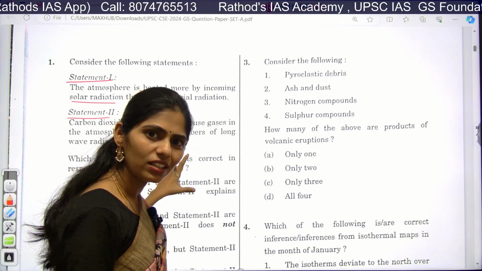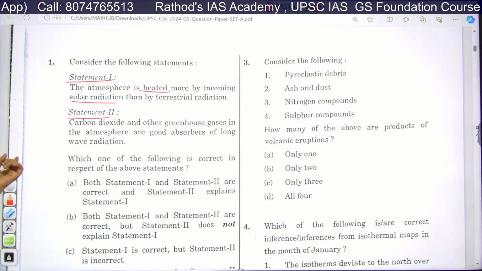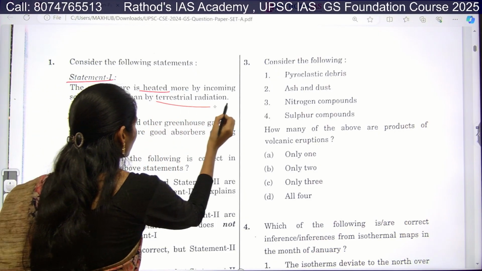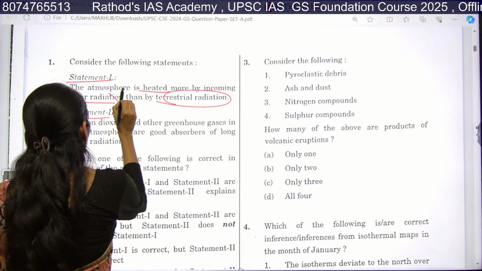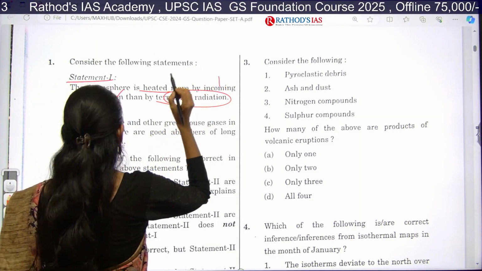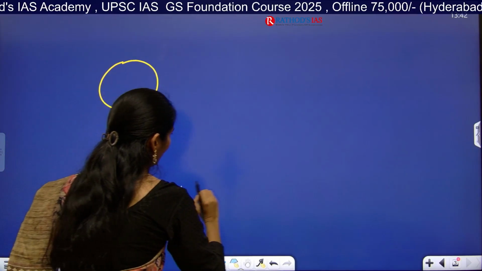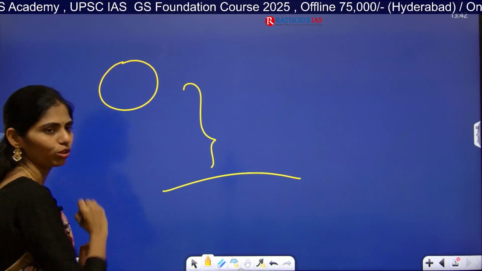But if you see this statement, actually our atmosphere is heated more by terrestrial radiation compared to incoming solar radiation. For example, here we have the sun, here we have the earth, and this part is our atmosphere.